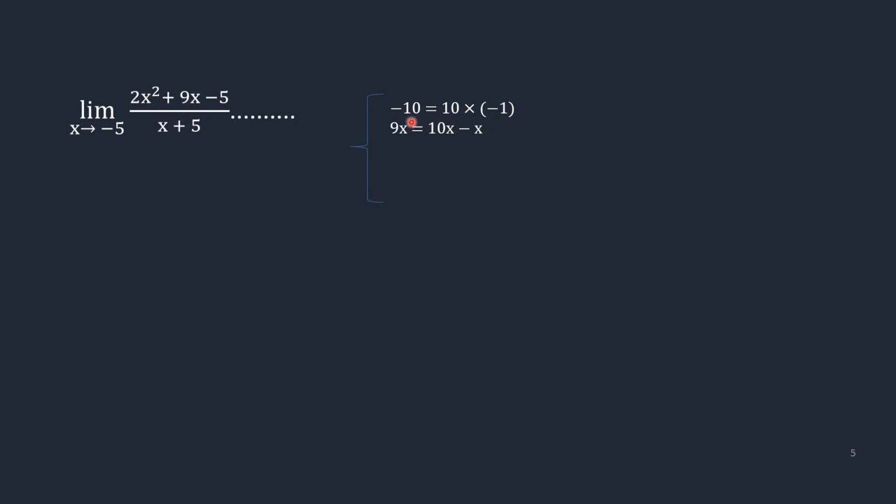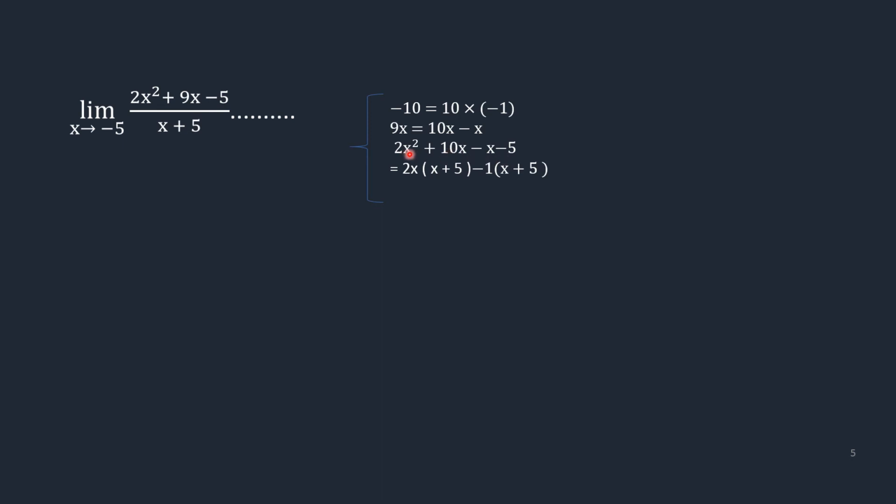So here minus 10 is 10 multiplied by minus 1, and 10 minus 1 will be 9. So we will split this 9x as 10x minus x and write the polynomial by splitting the middle term as 2x square plus 10x minus x minus 5.